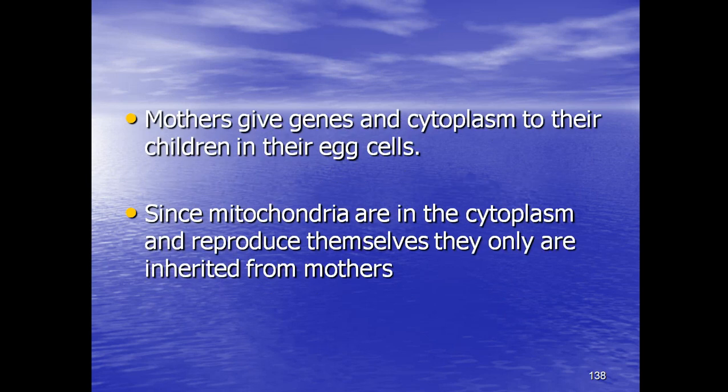Okay, this is already discussed. Mother gives genes and cytoplasm to their children in their egg cell. So, since mitochondria are in the cytoplasm and reproduce themselves, they are only inherited from mothers.